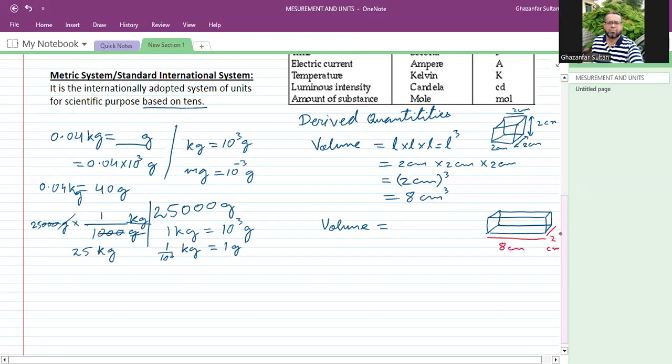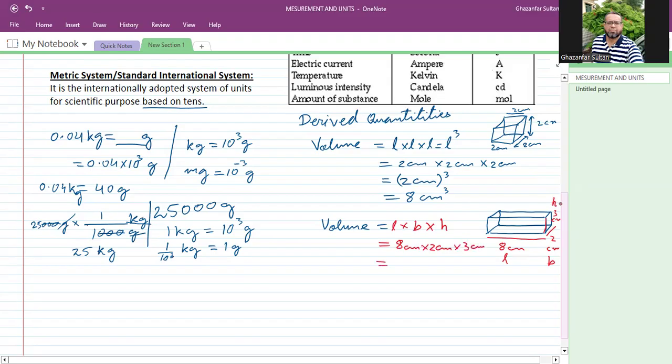And this line, equivalent to this line, is 3 centimeter. So in this case, it is L into B into H. You can consider this is L, this is B, and this is H. So L is 8 centimeter, B is 2 centimeter, and H is 3 centimeter.